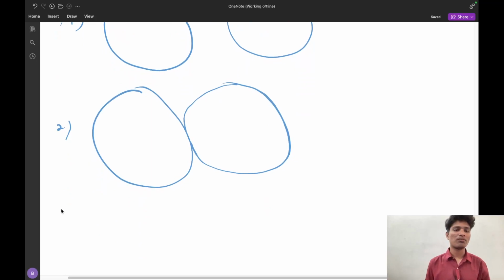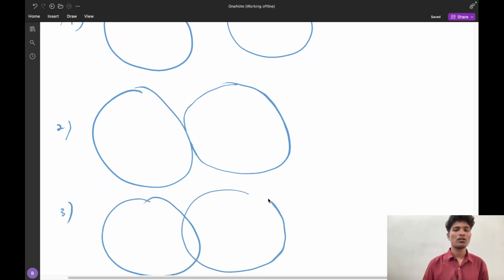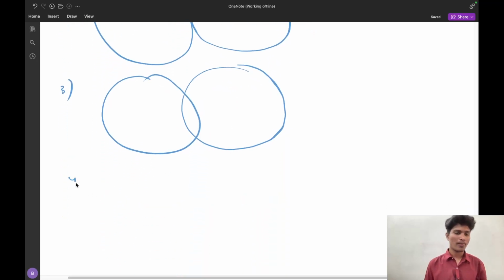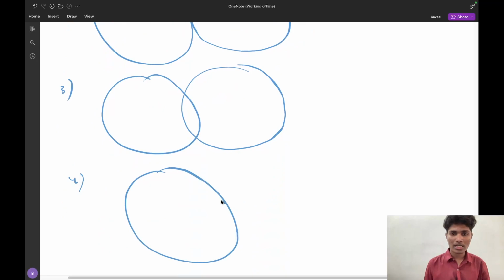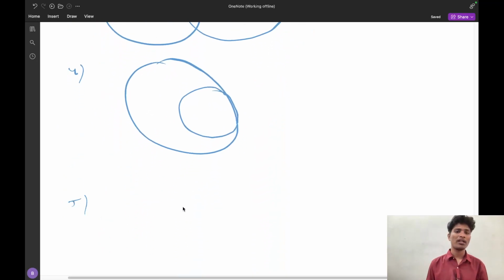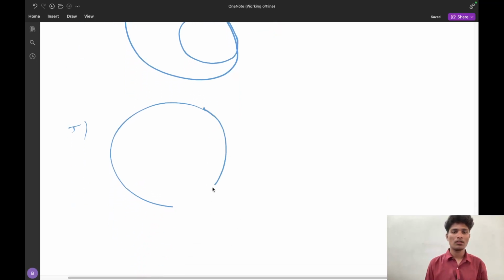The third possibility is that the circles will intersect. The fourth possibility is that the circles will be touching internally. And the fifth possibility is that one circle will be inside the other.